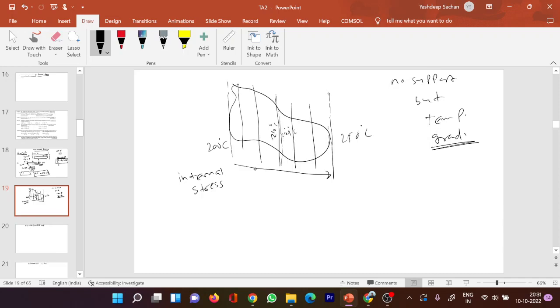So due to that, internal stress will develop. So this whole body is internally stressed. Stress is developed due to the temperature gradient. So if a temperature gradient exists in a body, then there would be internal stress in the body. That we can say.